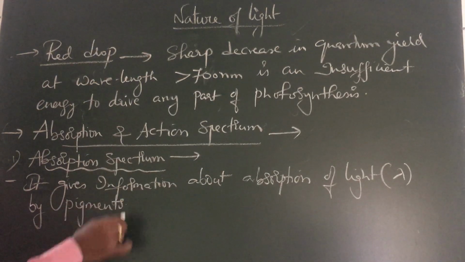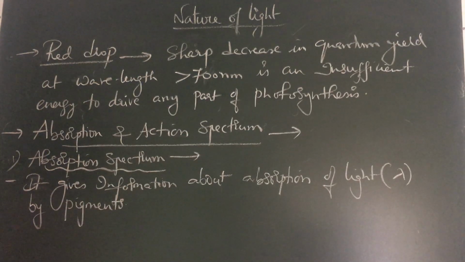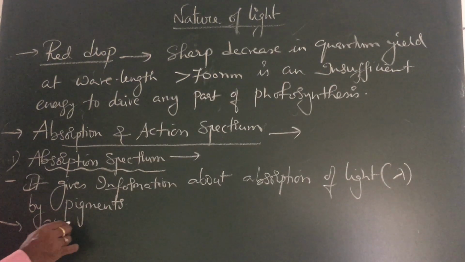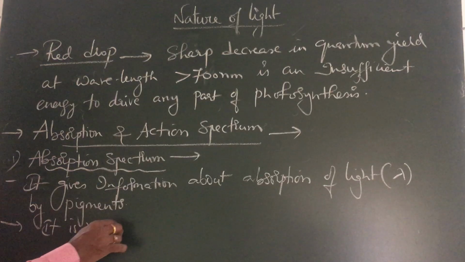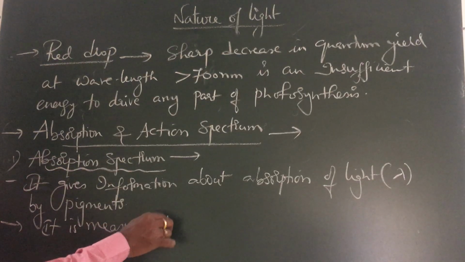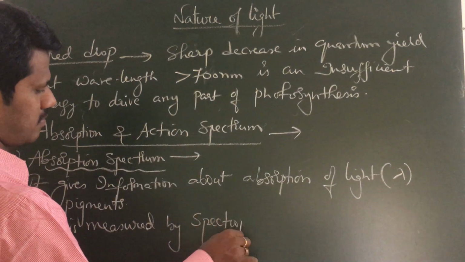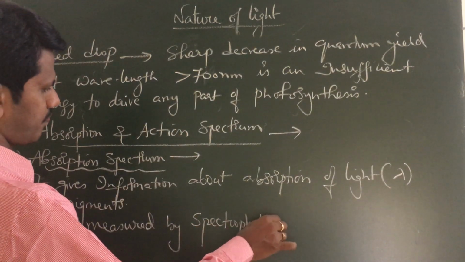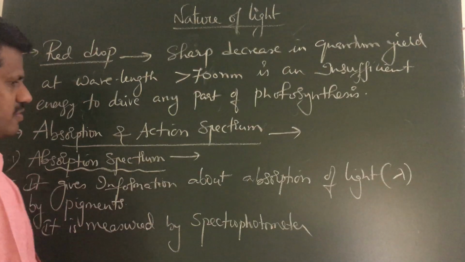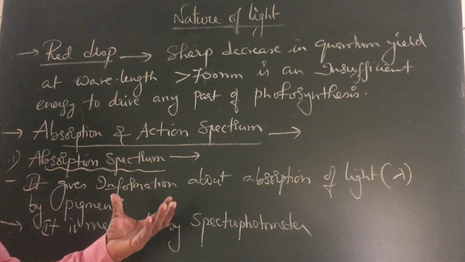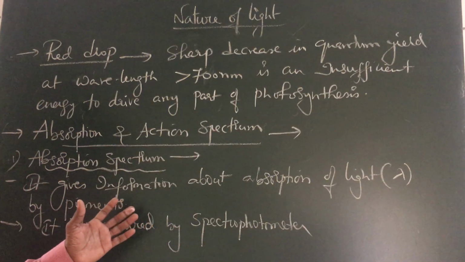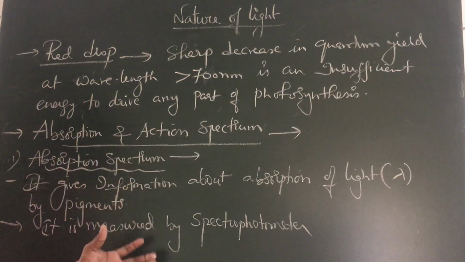Absorption can be measured by a spectrophotometer. Which wavelength of light the pigments absorb can be determined by a spectrophotometer.